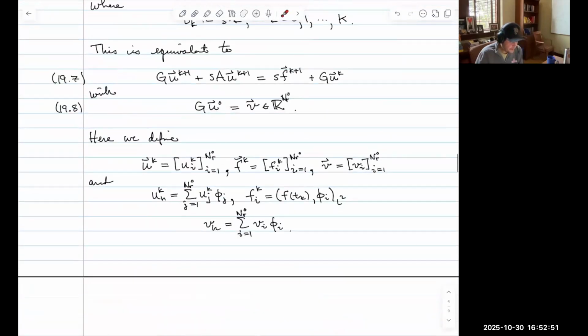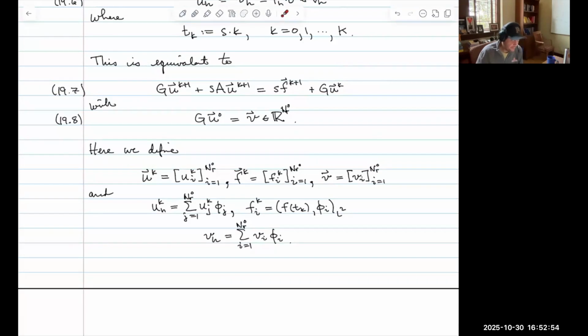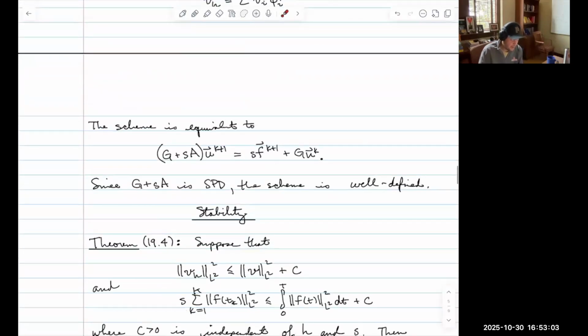Now, it's very simple then to write an equivalent version of this scheme. And the equivalent version is simply gotten by using the distributive property for these two terms. I'm going to remove the common factor UK plus 1, and then I get a method which looks like this. Now, what is it about this scheme? Well, it's very nice because this scheme has the property that it's going to be an SPD matrix plus S, where S is a positive number, times another SPD matrix. If I have that, then I know that this coefficient matrix G plus SA has to be SPD.